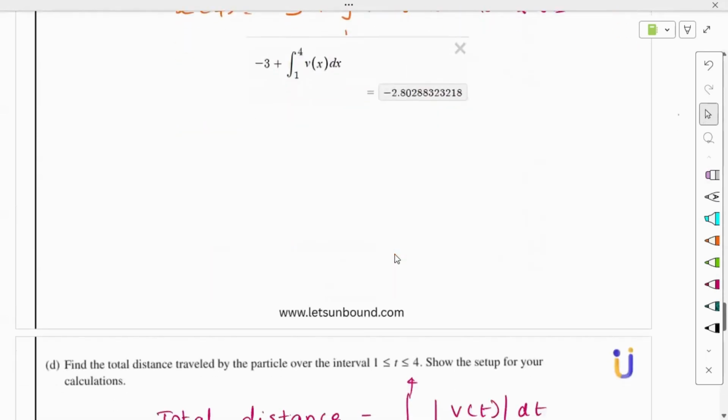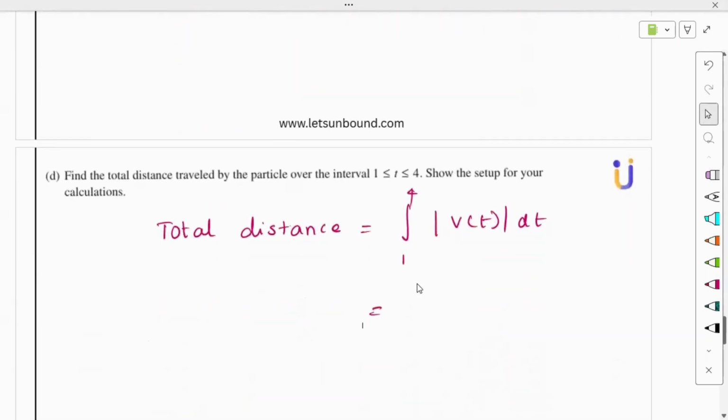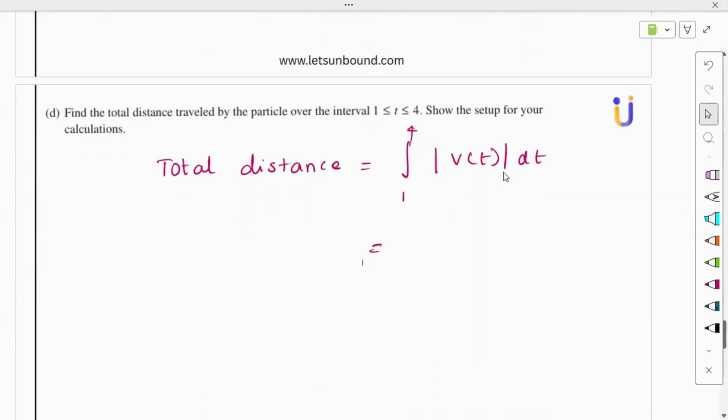It's without modulus. With modulus, we'll have a huge difference. So irrespective of the direction, we should cover everything. If you don't use the modulus, some negative values will get cancelled out and the value will be absolutely wrong. So always use modulus, I mean the absolute value.